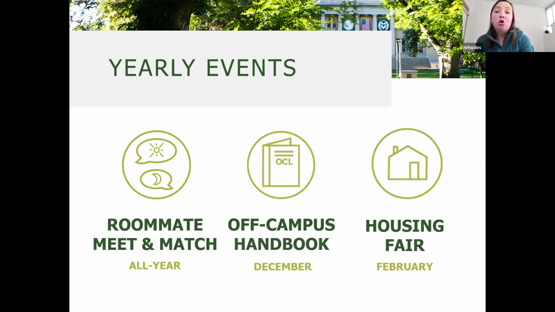So you will have to turn on your own electricity. You do that through Fort Collins Utilities, and you can learn how to do that in our off-campus handbook. There's a ton of other information in our off-campus handbook about other utilities, safety, living in our community, resources in our community, all sorts of stuff. But we produce a new one each December, and then we keep it up year round.